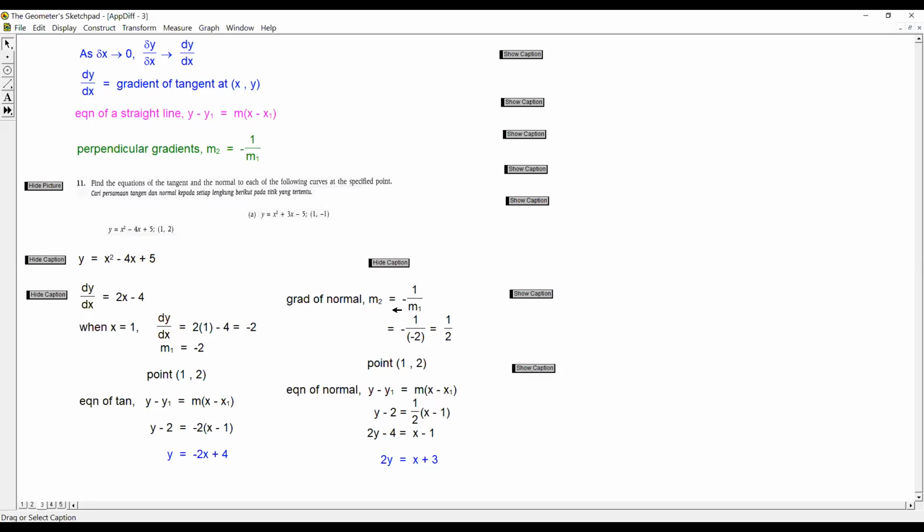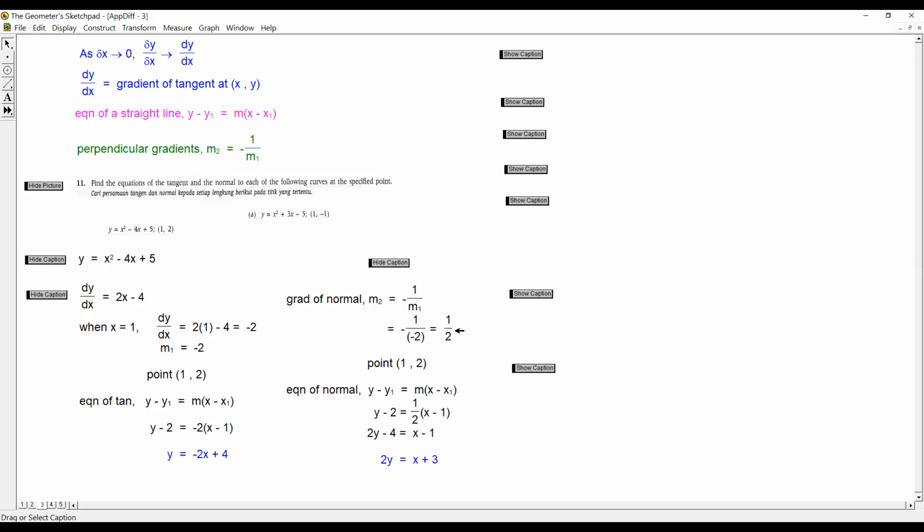Okay, so this m2 you cannot find from differentiation. The m2 you find from m1. How to find m2 from m1? You just find the reciprocal of m1 and you change the sign. That will be m2.